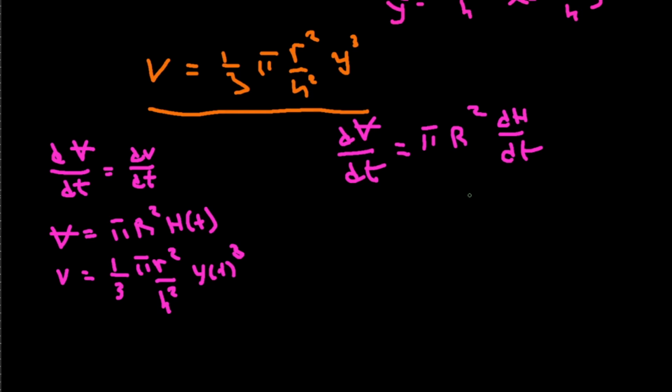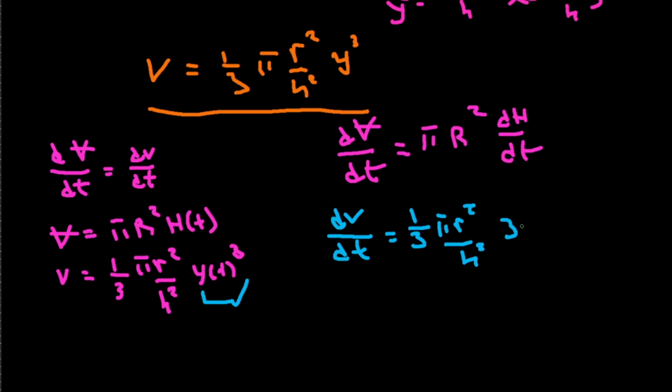Okay, now let's do the same for the volume of the submerged part of the cone. That's going to be dV dt equal to 1/3 pi r squared over h squared. All these are constants, and we're just going to take the derivative of y as a function of time.